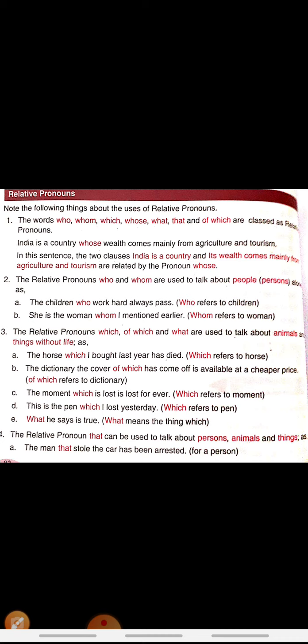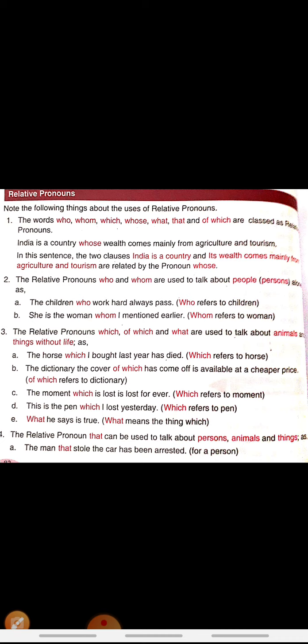Now, which we use for the things without life, which is used for the specific person or animal or thing we are talking about. Okay, which and that are used for the specific thing. What is used for the things without life. Okay, so the horse which I bought last year has died. Now, which refers to horse here.